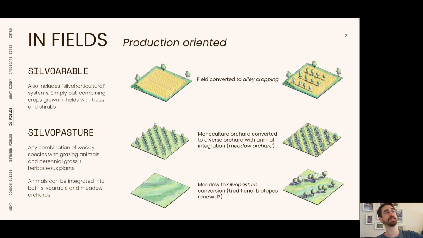Lastly, of course, you can integrate animals into your silvoarable type systems, and you probably should consider doing that. With your crop rotation, you've got crop residues, you've got cover crops, and again, you can decide to use either an appreciating asset like an animal, or you could use a depreciating asset like a tractor and a mower, flail mower, a roller crimper, whatever it is, to manage that biomass.